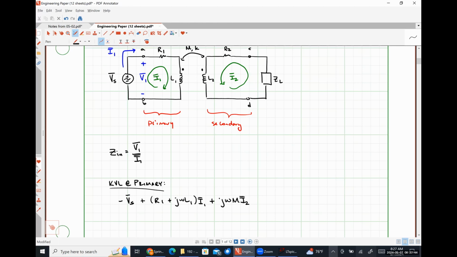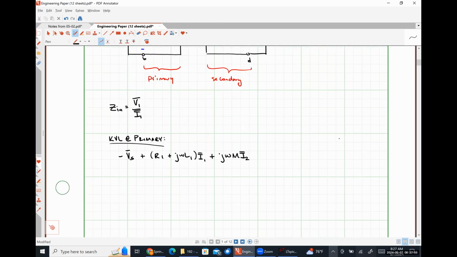Then we have our mutual inductance term, and because the current I2 is flowing into the dotted terminal, once again, we have a plus sign on the mutual inductance term. We can now write a KVL expression at our secondary.